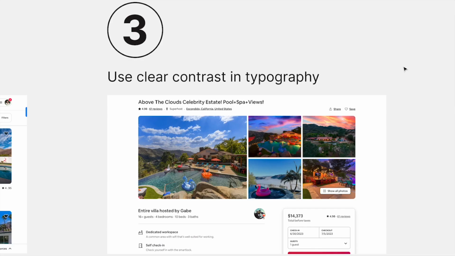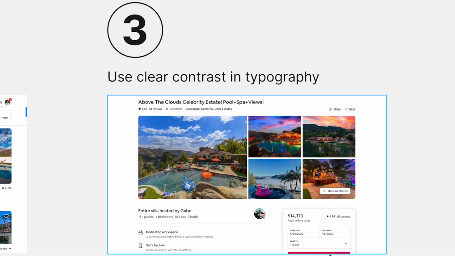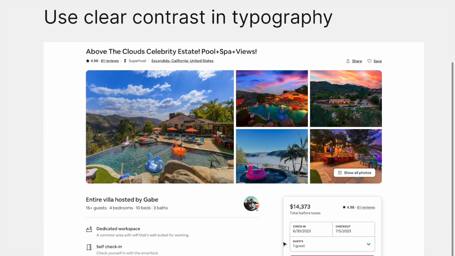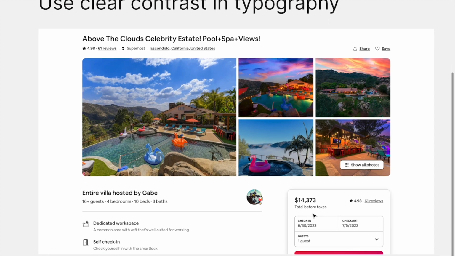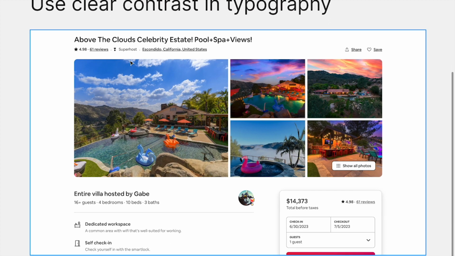Now the third lesson is to use clear contrast in your typography throughout your pages. We'll take a look at the listings page because this is a great example. On this page, they have a nice mix of larger font sizing and smaller font sizing, and also a nice mix of font weights throughout this page.